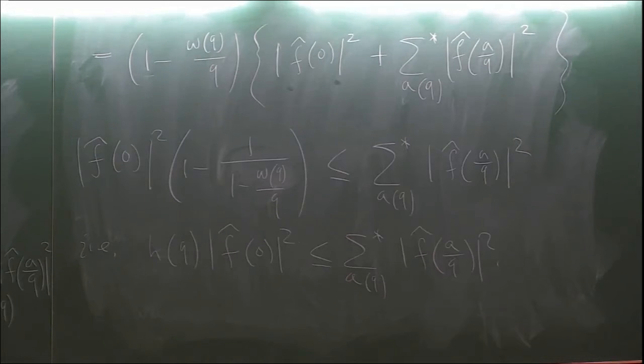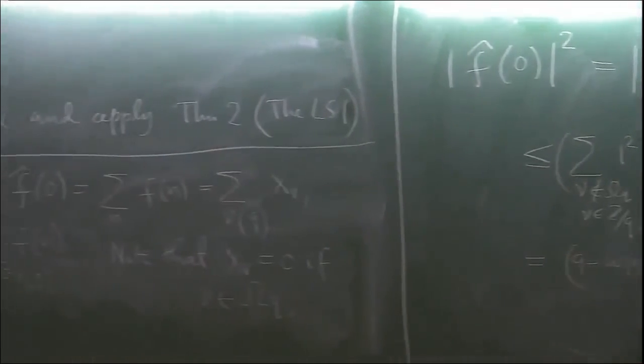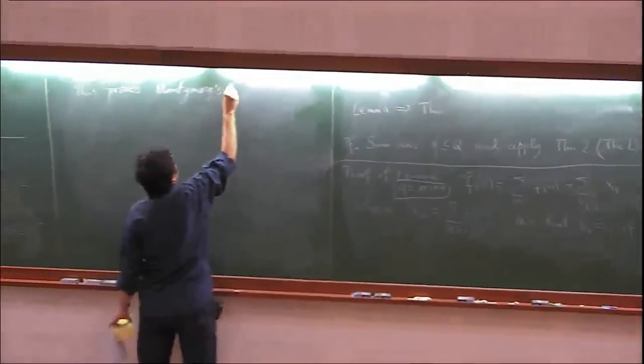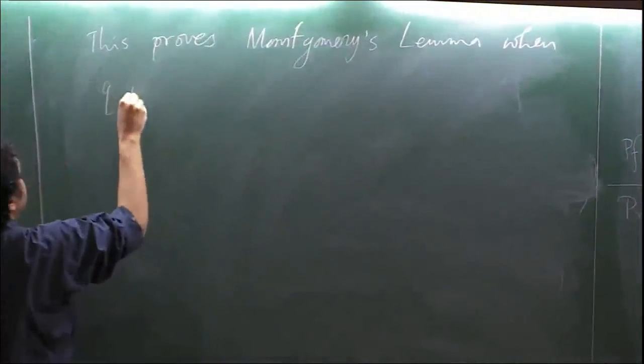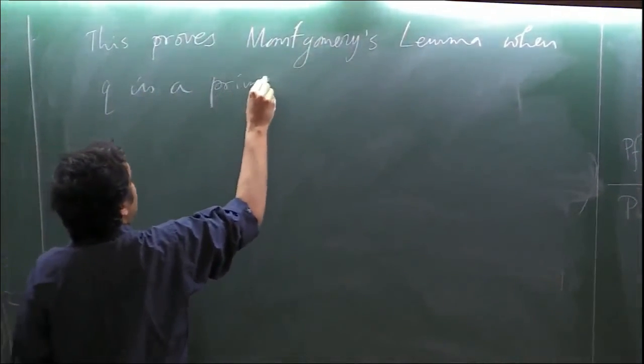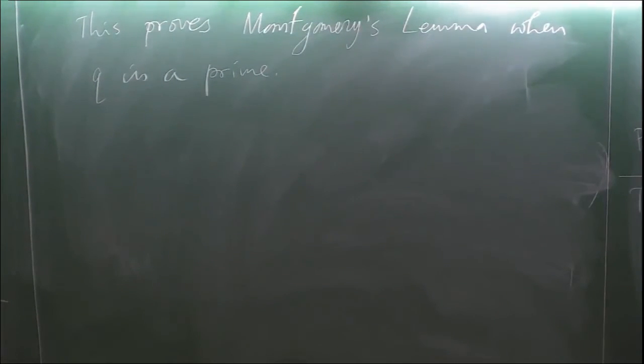So we continue. I can now erase this. So this proves Montgomery's lemma when Q is a prime. So I have to prove it for a general square free integer Q. See, if Q is not square free, it is trivially true because then H is 0.